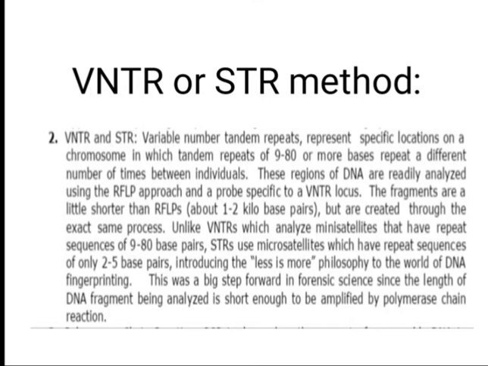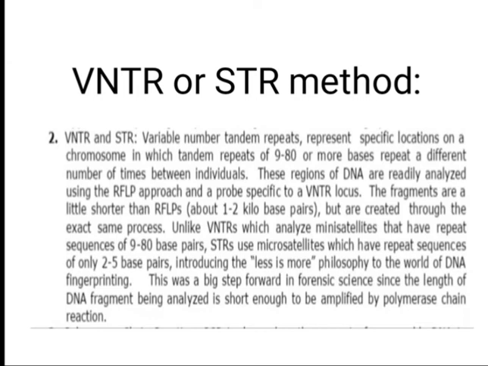Means RFLP and VNTR are produced by the same process. Initially there is an extraction of DNA by using the kits, and then the larger DNA is converted into small pieces.